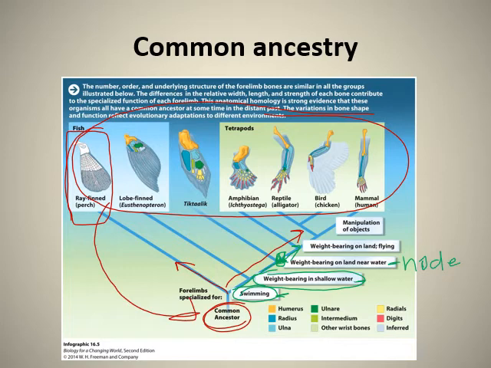So at this node, we see weight-bearing on land near water, and we know that Tiktaalik shared that trait, right? Because he's right here on this node, but so did all of these other tetrapods. And then as we go up, we can see where we get to weight-bearing on land and manipulation of objects. So the further we come up here, the more distant we are from this common ancestor.